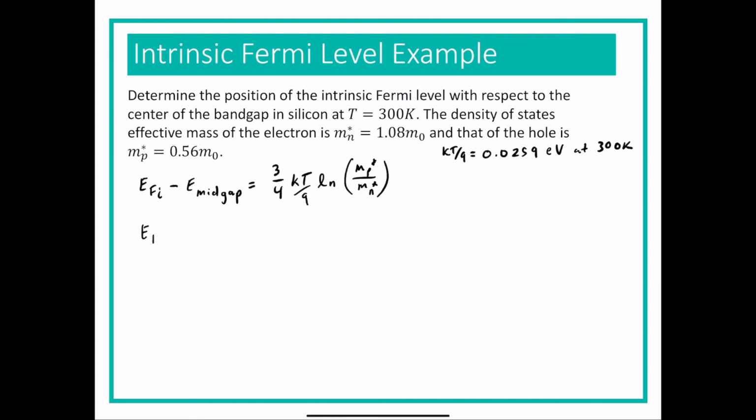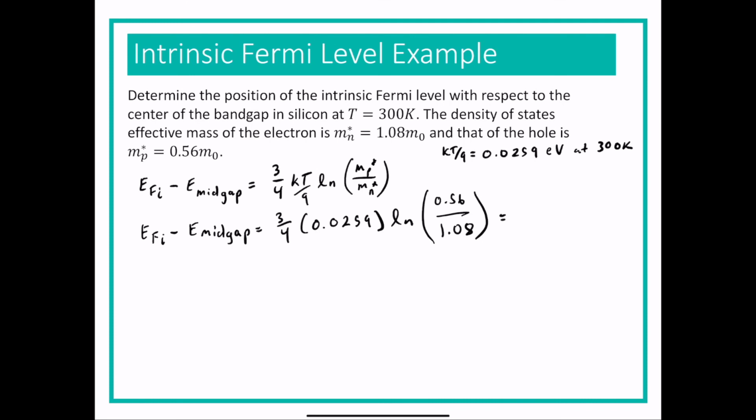So the difference between the two is 3/4 times 0.0259 times the natural log of 0.56 over 1.08, which equals minus 12.8 milli electron volts. So it means the Fermi energy is like 12.8 milli electron volts below the mid-gap, just slightly below. Not much, just a little bit.